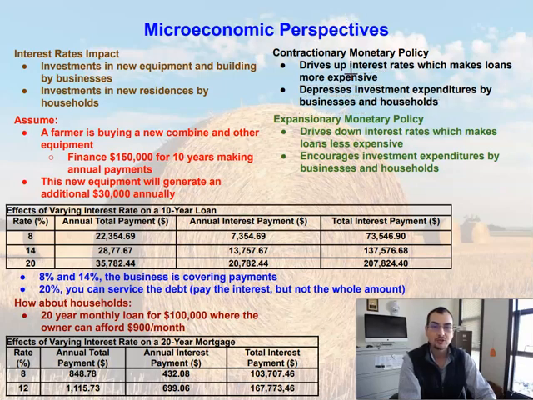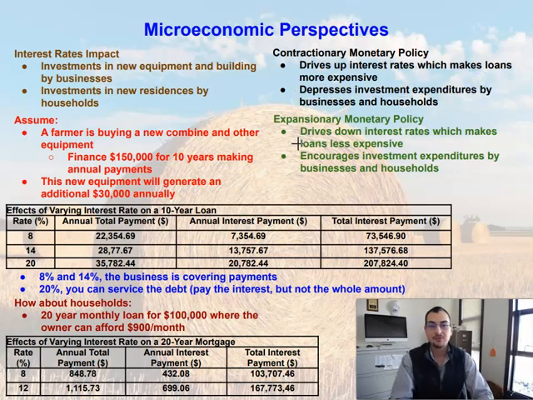The higher the interest rate, the less likely a business is to engage in that investment expenditure, or the less likely the household is going to be to engage in buying that new residence. So a contractionary monetary policy is actually going to depress the level of investment expenditures.